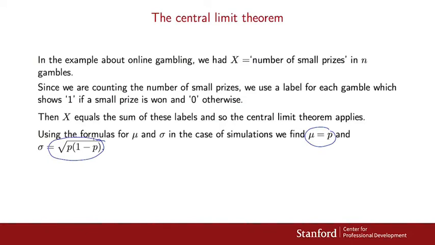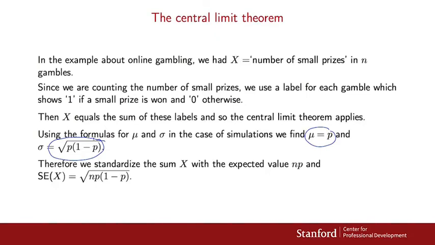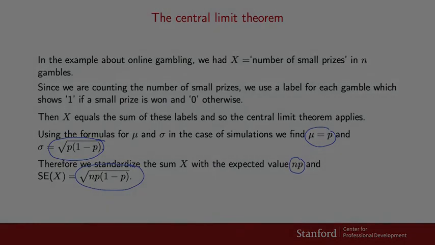Now we are looking at the sum of n gambles, and we had formulas for the expected value and standard error. And these formulas show that the expected value of the sum x equals n times p, and the standard error is square root n times p times 1 minus p. Those are the numbers we use when we standardize x. And remember, we found the same thing when we talked about the binomial distribution.